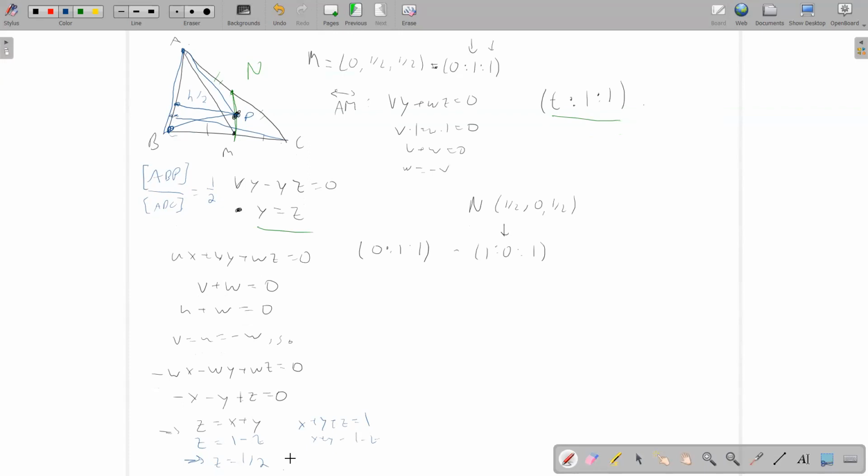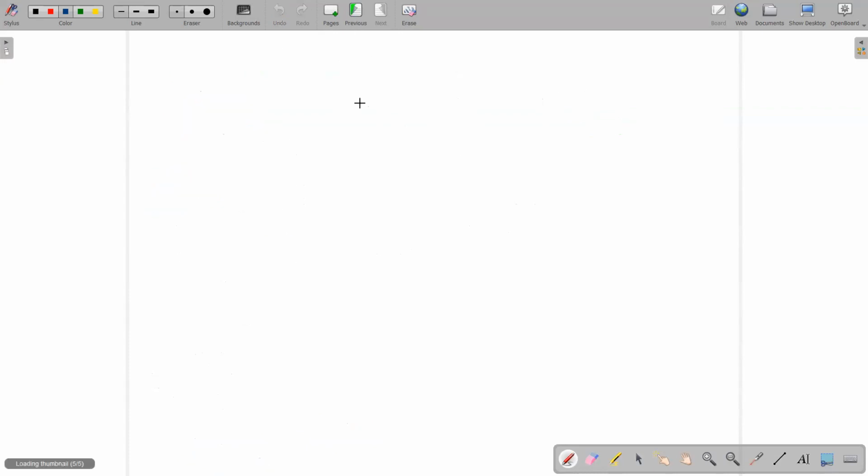Now, with barycentric coordinates, we can prove several theorems. For example, we may prove Ceva's theorem. Remember A, B, C, have some point D on BC, E on CA, F on AB.